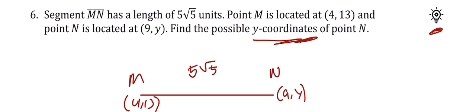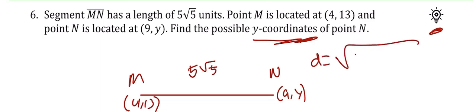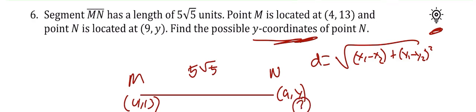That makes me think that we should use the distance formula, where distance equals the square root of (x1 minus x2) squared plus (y1 minus y2) squared. If we take a look at that formula, we know all of the variables except for y2 right here.